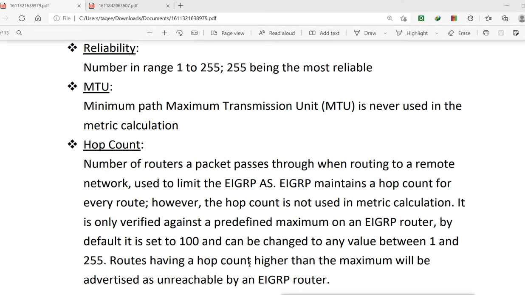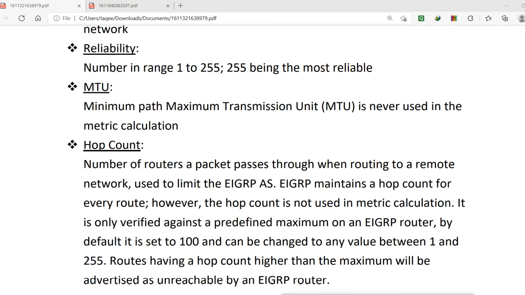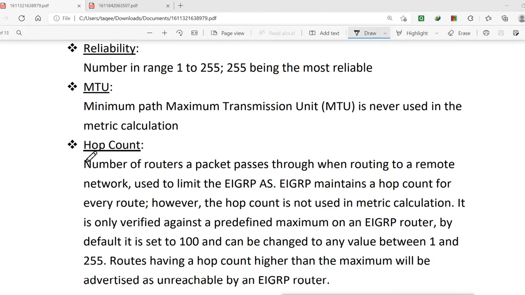Routes having a hop count higher than the maximum will be advertised as unreachable by an EIGRP router. So this hop count is also there as a metric, but it is not calculated for the metric. It is only for limiting the reach of EIGRP within the autonomous system. By default, it is 100.